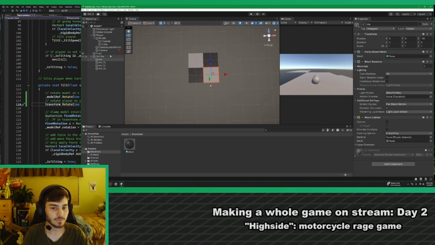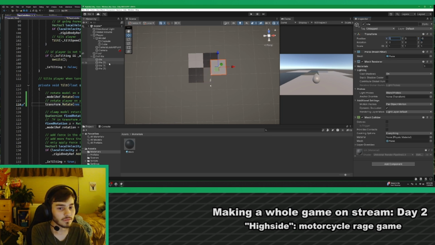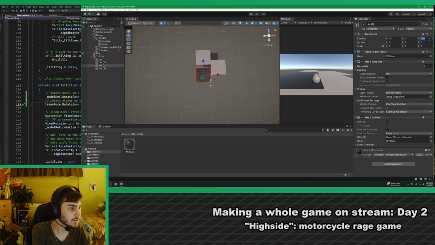Then once our empty is centered, so 5s instead of... no, that's not right. Let's figure out how wrong it is.